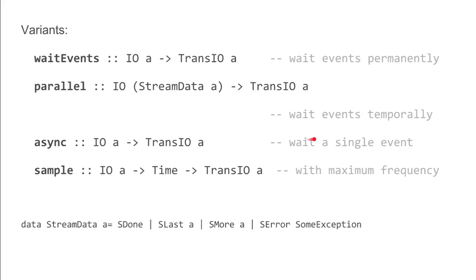And sample executes the IO operation each certain time. It polls the IO operation and it returns only when the value changes. So the polling is internal, and the TransIO operation, that continuation, gets executed when the value changes.